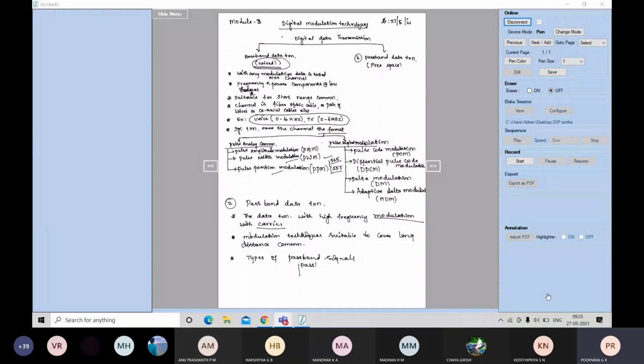Passband signals are of two different signals we can make use for data transmission, which are those. It is the first one, if you look at here, it is the binary signaling. Okay, this one way it is binary signaling you can make use. The second type is M-array signaling.